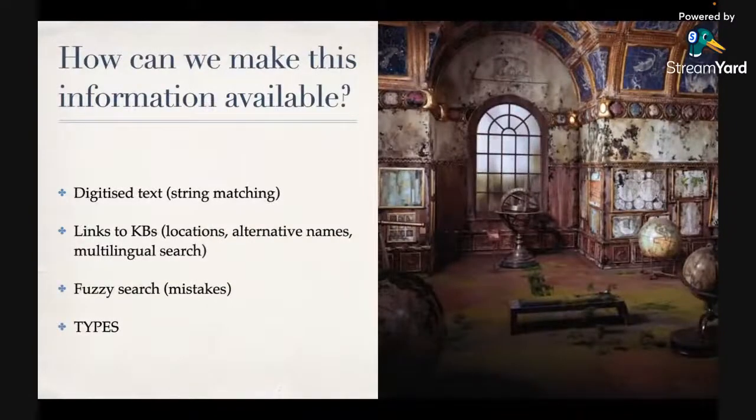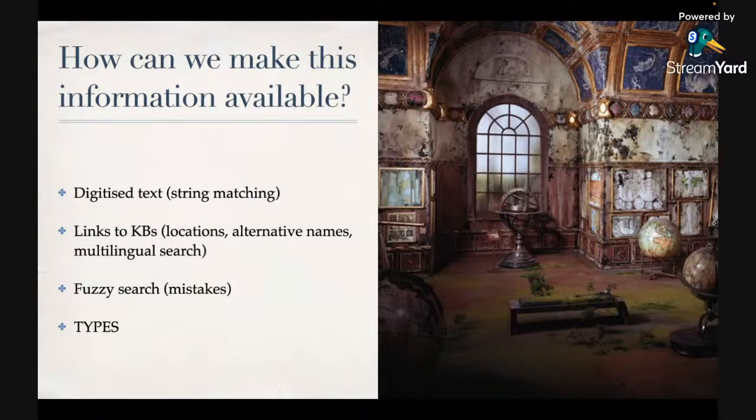So our goal, our mission was, okay, how do we make this information about the text on these historical maps available? How can we make these maps more useful, more accessible? And of course, already producing a digitized version of the map text, the text that is on the map, we like to call it map text, that is already a huge step forward because we can already enable something like basic string matching.